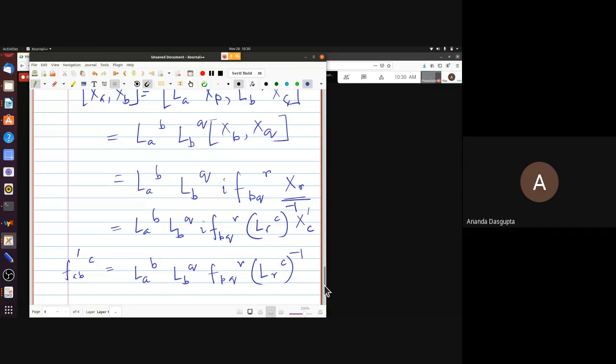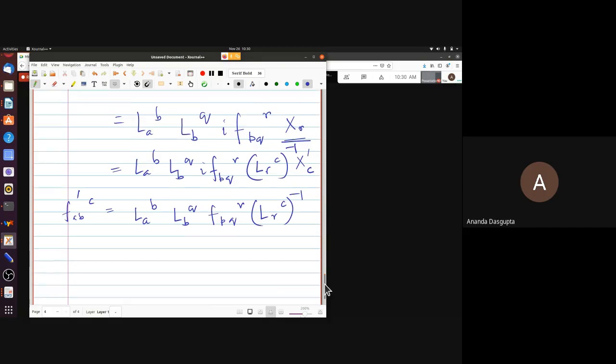Okay. So this is the transformation rule, but in most cases, the kind of transformations we do are so simple that we don't have to really go through the entire general transformation rule. We can easily calculate what the transformation is going to be.